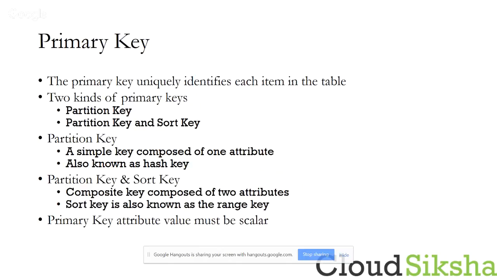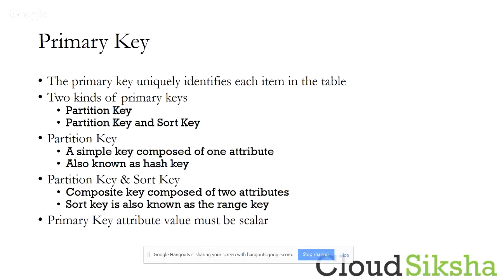There are two kinds of primary key. The first is known as a partition key. So you can say all the items in this table will contain a partition key. That is, it will be a single key, only one key. And the value of that key must be unique. That is, the key has to be present in every item.